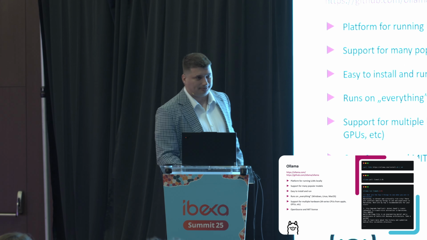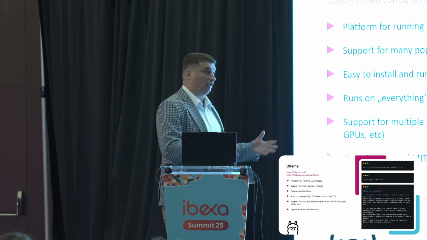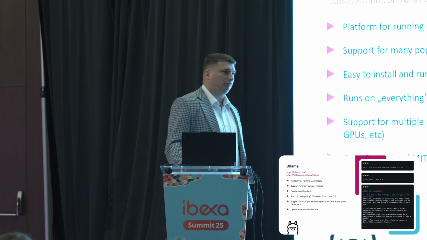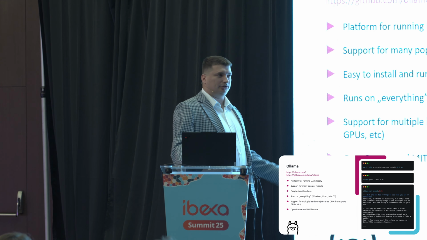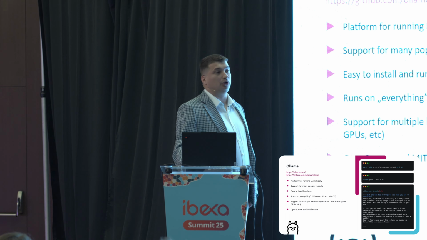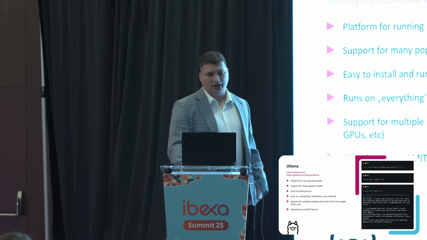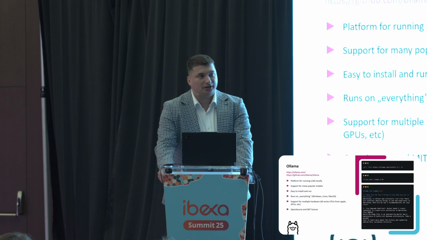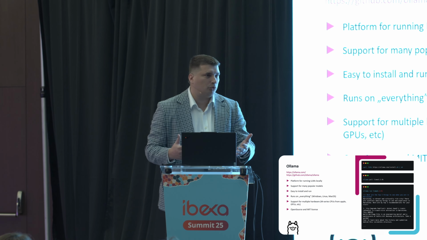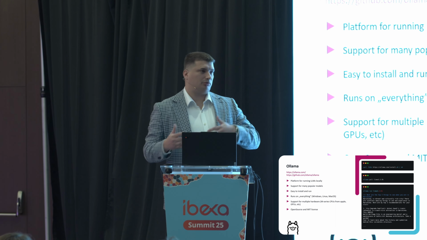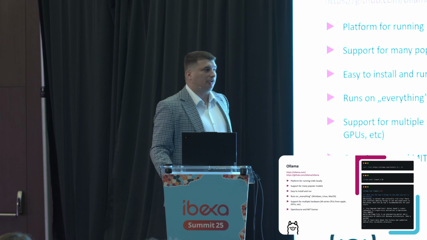But we know where to get an LLM, where to get our model, but how do we talk with this model? Here is another great piece of software. It's called Ollama. It's open source under the MIT license, and you can basically use it as a platform, as a framework, to talk with your AI. What is great about it?